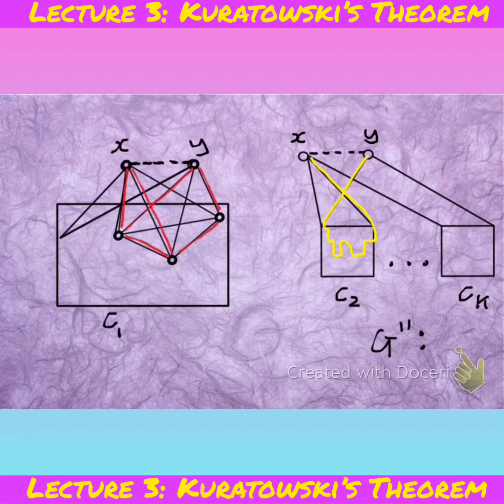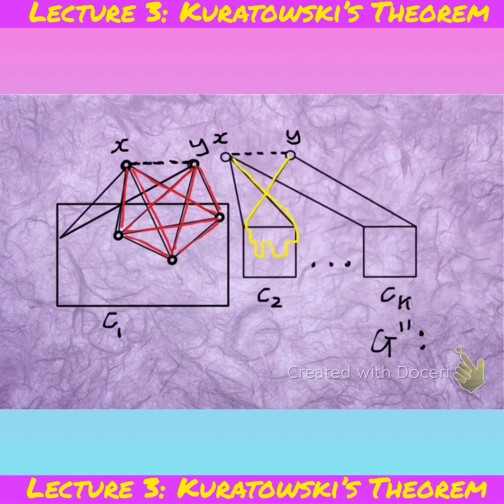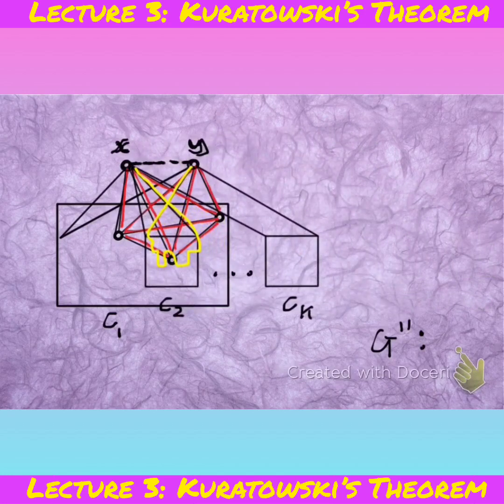Now we go back to the original graph G subscript E. So there is that graph there. And what are we seeing here?